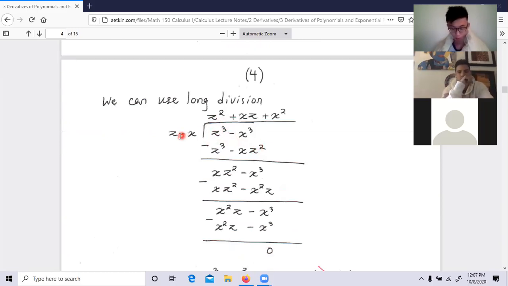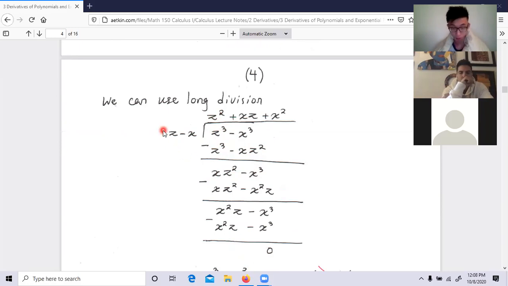So first of all, what do I need to multiply this expression by to get a z cubed? Clearly, I need to multiply by z squared. So then I put z squared here, I multiply it through, and I get z cubed minus x z squared. I subtract that line from this line, and I obtain x z squared minus x cubed. That's my new line. Now, what do I need to multiply z minus x by to get this line?